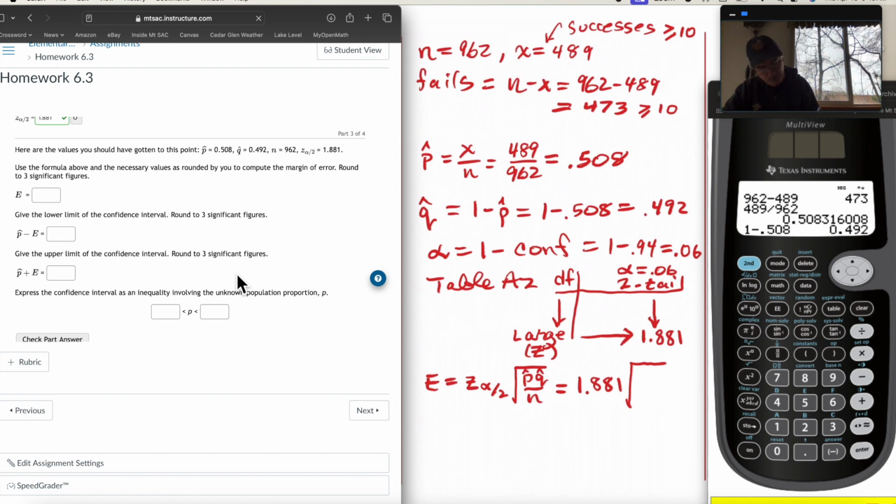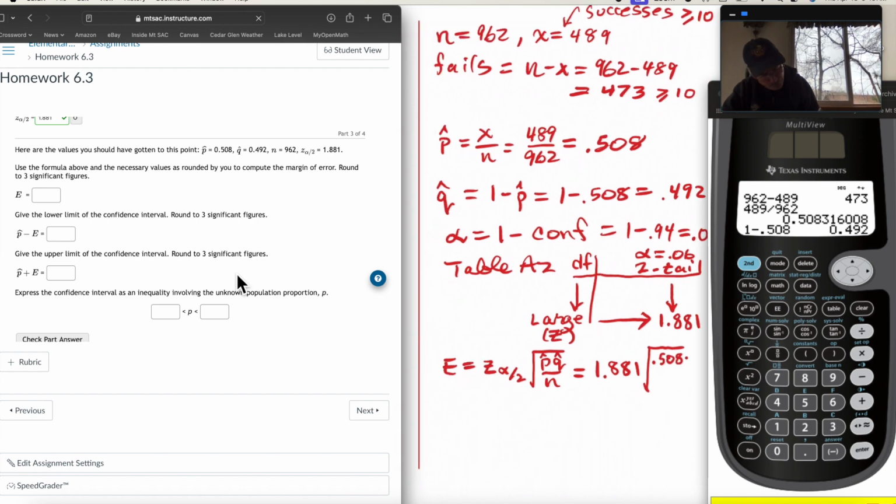Okay, p hat, where are you? 0.508, and then times q hat 0.492. Okay, and then over n, that was 962. Okay, and we're going to do this to 3 significant digits.